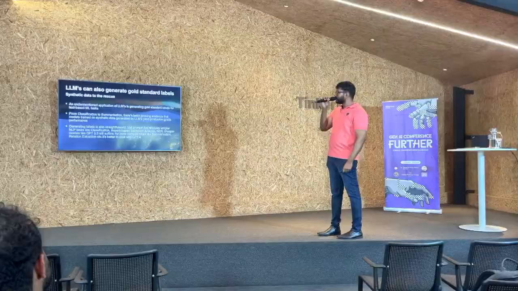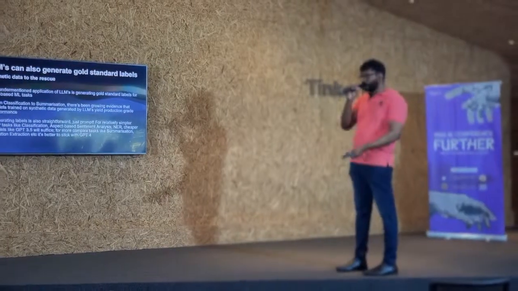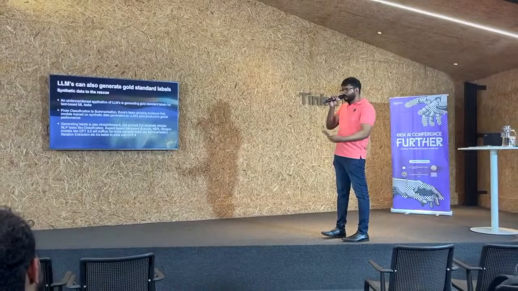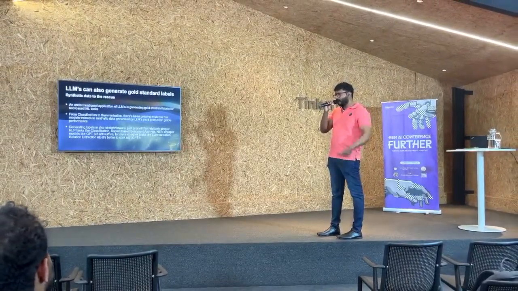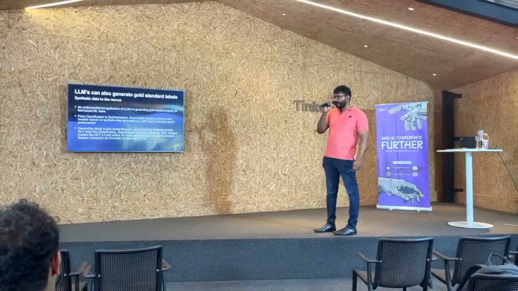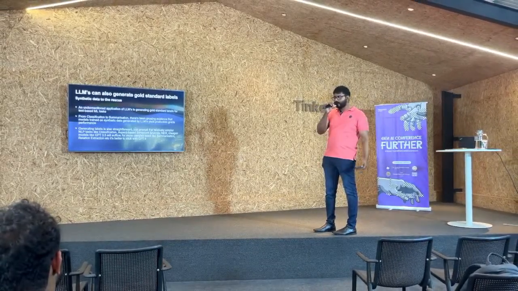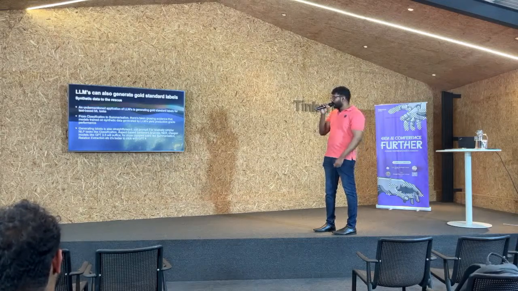One cool application of LLMs is you can define a small data set, let's say 50 to 100 rows. You can tell the LLM to use that as a reference, and then tell it to label unlabeled data. If you have a lot of unlabeled data, you just need to give the LLM some guidelines and it will label the data for you. And the labeling will be pretty good.